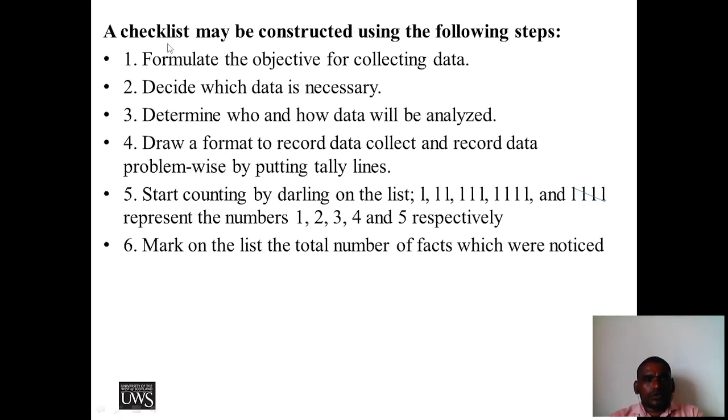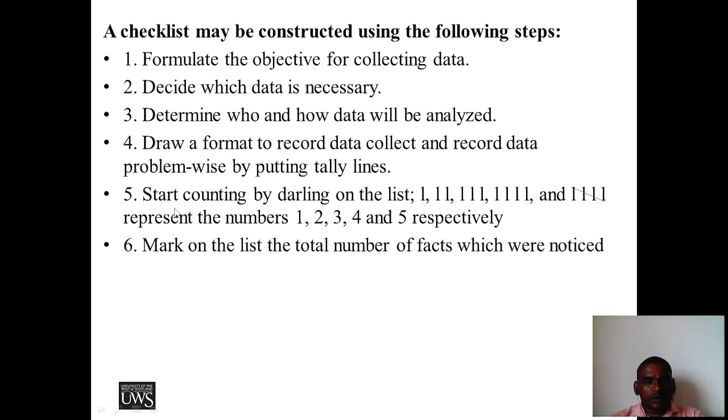A checklist may be constructed using the following steps. First step, formulate the objective for collecting data. Second, decide which data is necessary. Then determine who and how the data will be analyzed. Fourth, draw a format to record the data collected, with problems and tally lines.